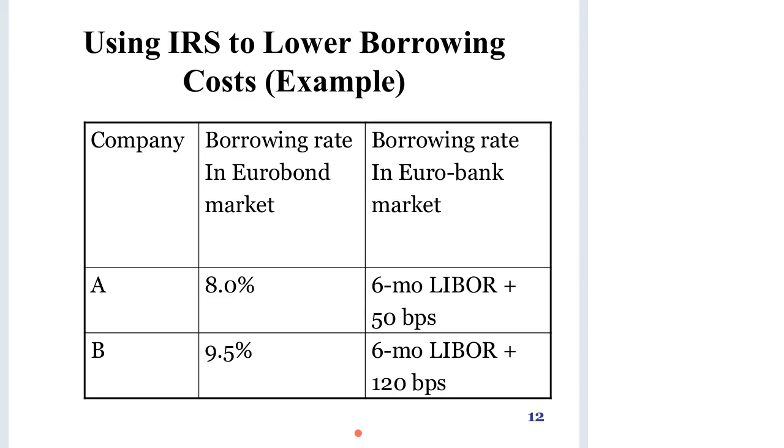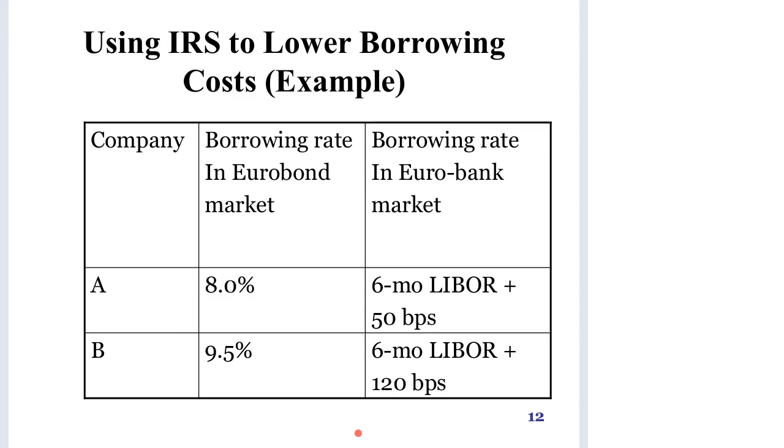Now I will tell them: do what I tell you to do, and in the process I will reduce your borrowing costs. How much can I reduce it by? Remember, there is a 1.5% difference out here and a 0.7% difference. So the difference between the two spreads is 0.8%. In simple terms, I divide the 0.8% equally by 2, so that becomes 0.4% each.